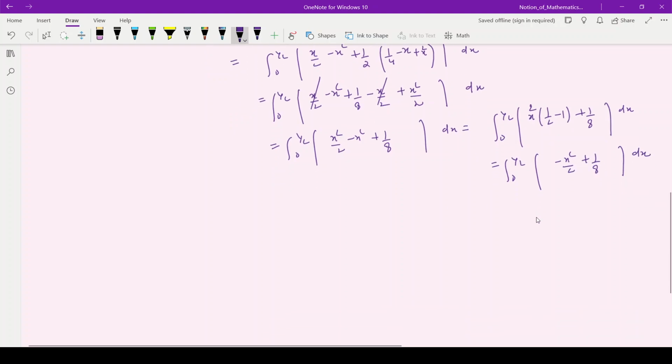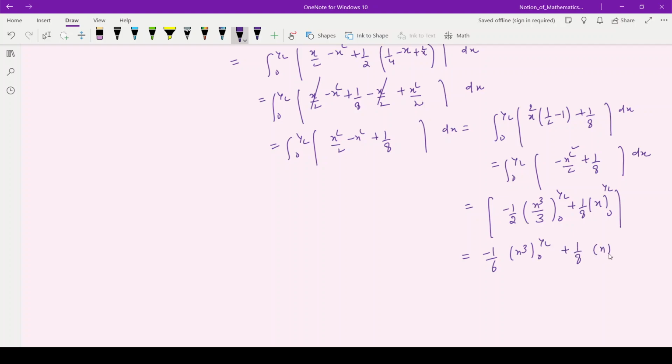So we will integrate it one more time. It would be minus 1 by 2 outside, and the integration of x square is x cube by 3, from 0 to 1 by 2, plus 1 by 8 and the integration of dx, from 0 to 1 by 2. So it is minus 1 by 6 x cube from 0 to 1 by 2 plus 1 by 8 x from 0 to 1 by 2.